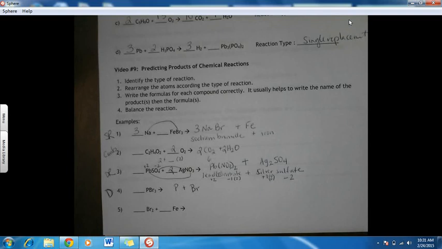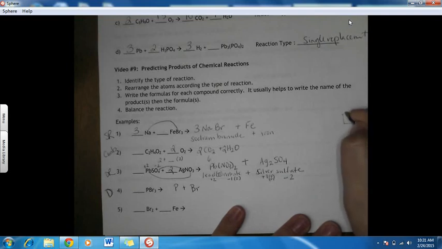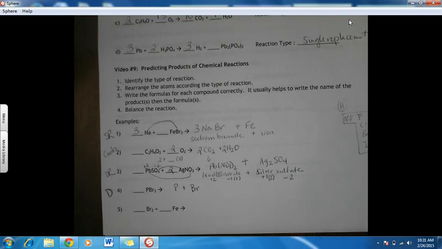If you recall back to the first video, we talked about diatomic elements. Our diatomic elements are the ones that make a 7 on the periodic table. If you remember, starting with nitrogen. So nitrogen, oxygen, fluorine, chlorine, bromine, iodine, and then of course we have to add hydrogen to that.